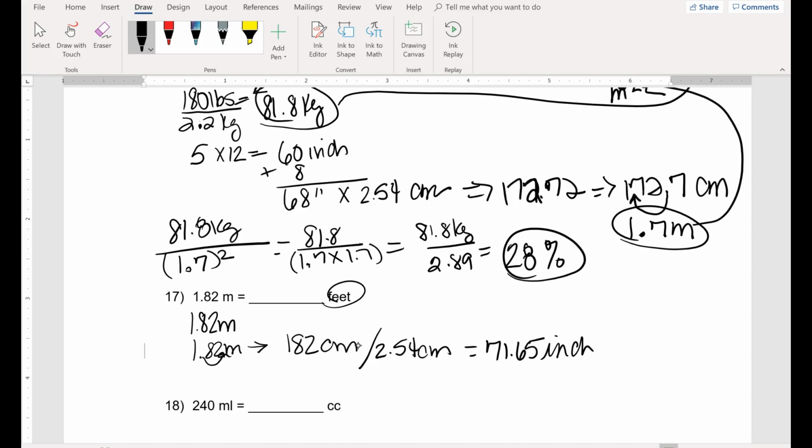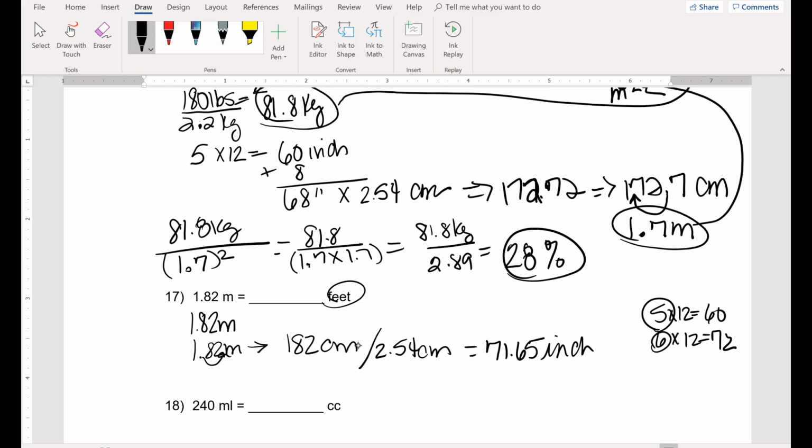Okay, what you can do here is, I know personally from all these other problems that we've worked out that 5 times 12 is 60. Okay, so this is 5 feet. If we did 6 times 12, we get 72 inches. Okay, so it's a little less than 6 feet.